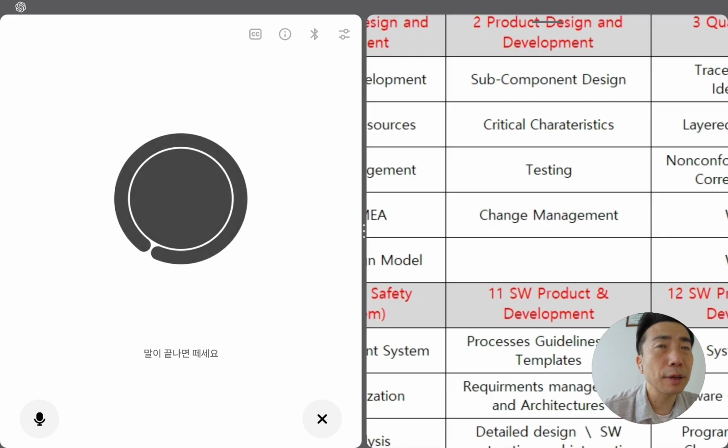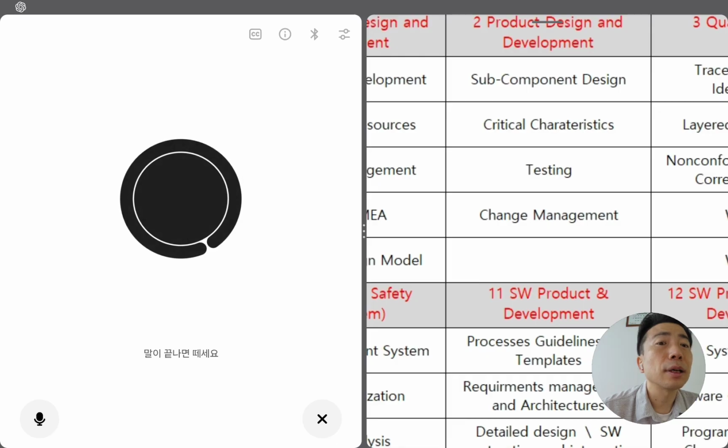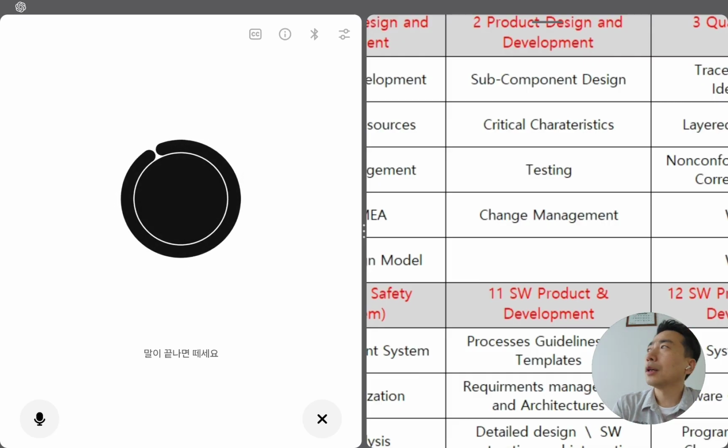Depending on the business type, it completely depends. Our customer decides what should be critical characteristics or not.